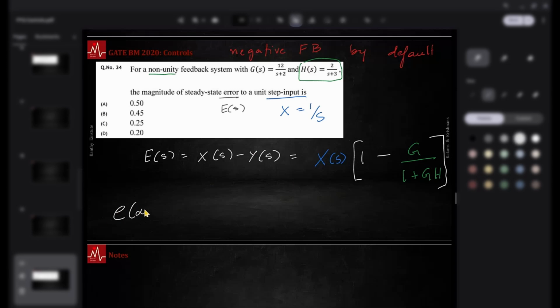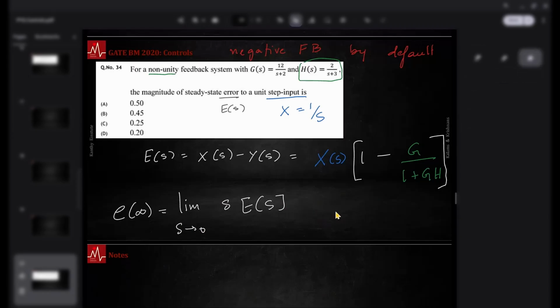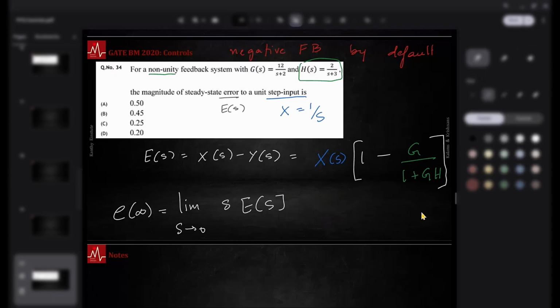E of infinity is the limit S tending to 0 of S times E of S. Where do I get this from? This is from the final value theorem, FVT. I have the E of S function, the Laplace transform. I want a particular time value, that is at infinity, the final value. We got it from the final value theorem.